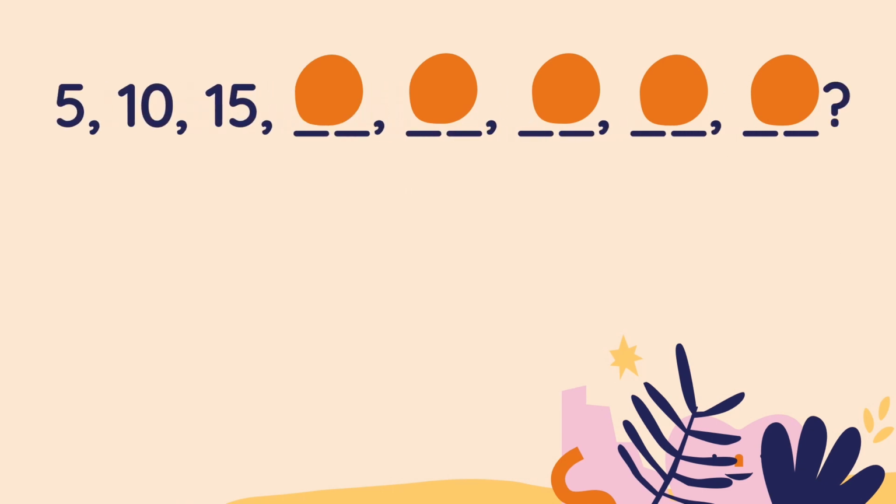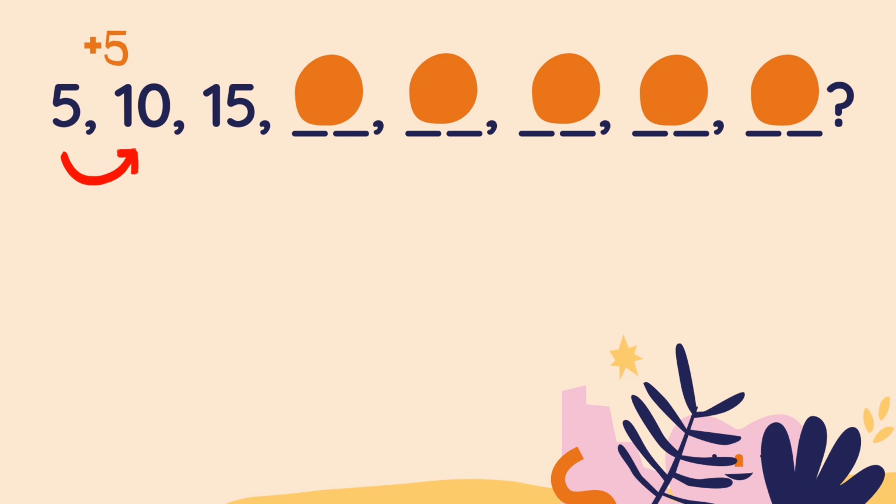So here is our sequence. 5, 10, 15. We don't know what's next. So what are we going to do? We have to look for a pattern. Can you see a pattern from 5, 10, 15? Let's analyze further. From 5, it is now 10. What's the difference? Oh, it's 5. 5 plus 5, that is 10.